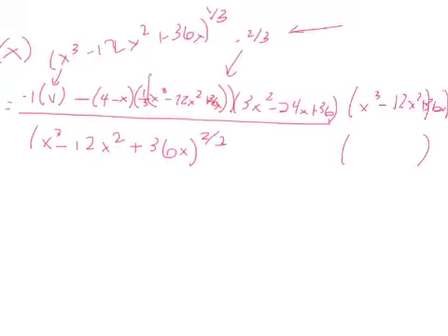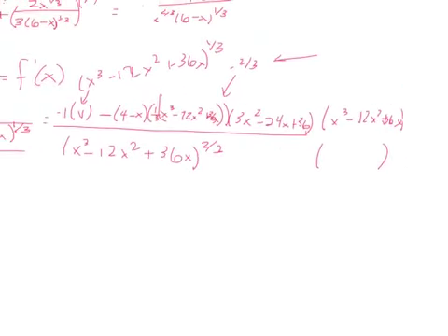We okay with that? When you multiply that to the 2/3 power in the numerator and denominator, you multiply that, it's going to cancel out this one right here.